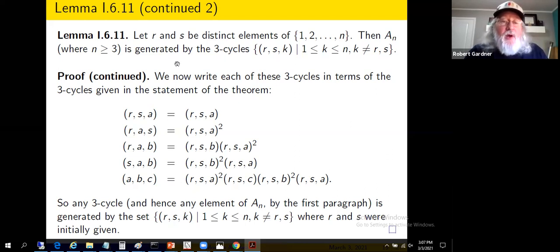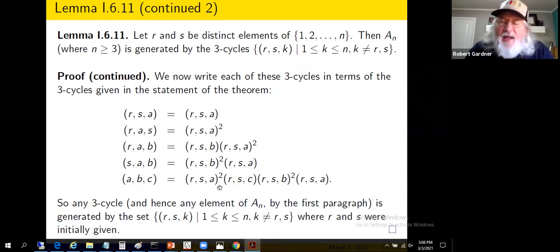First type, (R S A). Well, that is the type, given element R, given element S, and some K. K equals A in this case. Second type, (R A S): given element R, given element S, take (R S A) and square it. Indeed, if you square this permutation, you'll get that permutation.